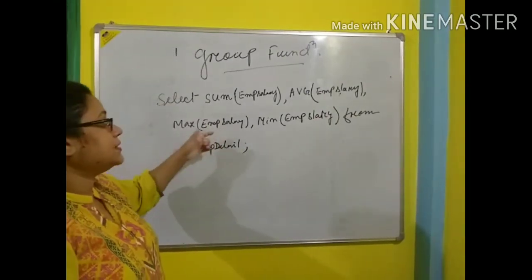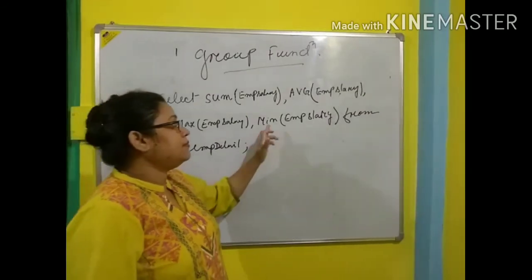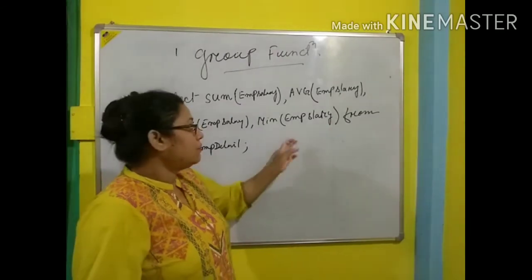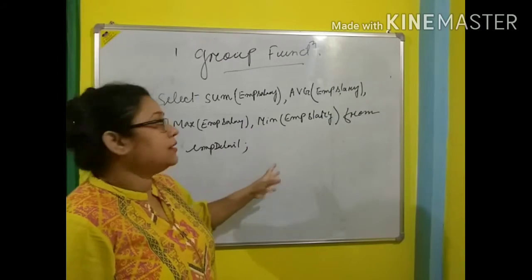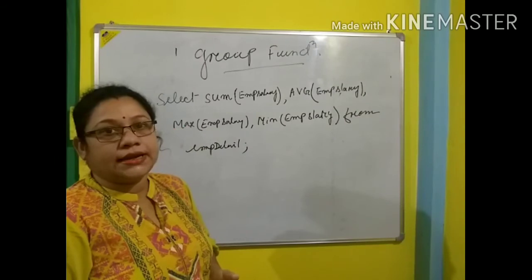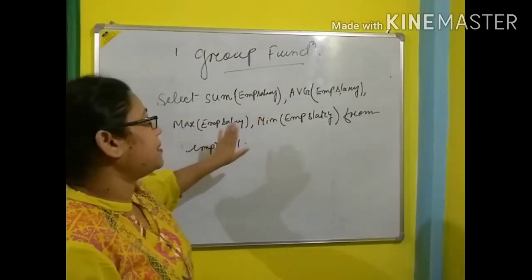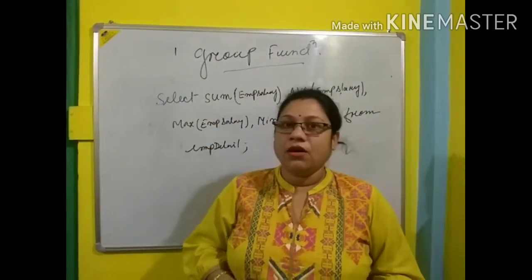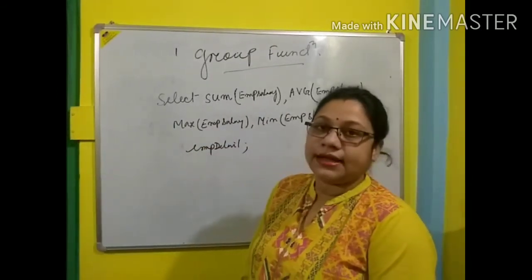Max finds the maximum salary, and min finds the minimum salary from the employee salary column of the employee details table.